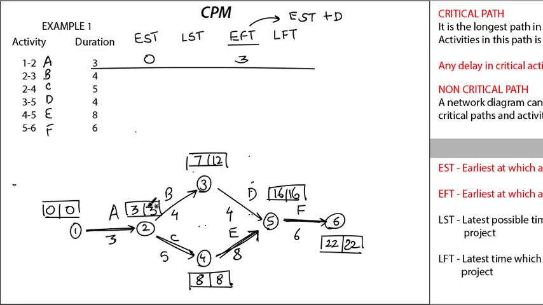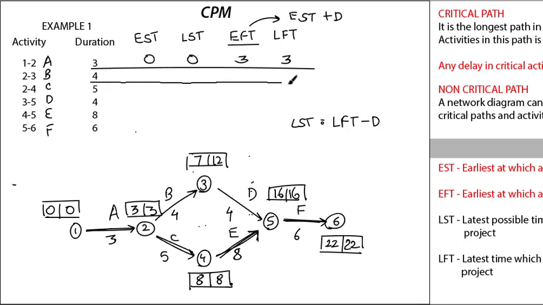Latest finish time is this box, that is 3. And the formula for latest start time is latest finish time minus D. So it will be 3 minus 3, that is 0. Now you got this box, right?